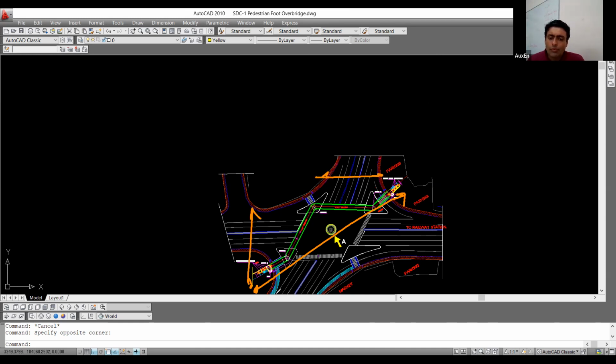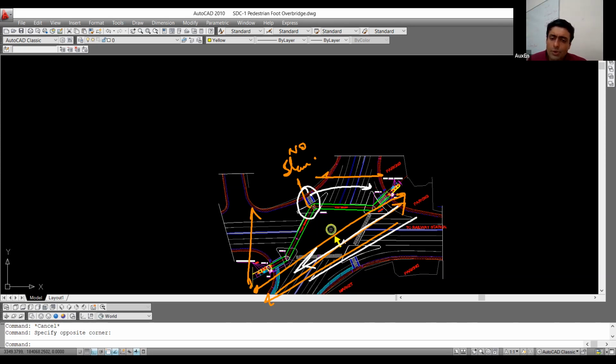Most of the people want to go from this to this, and therefore they did not provide a staircase here. They figured out by doing the traffic survey that people don't want to get down over here. Most of the people want to cross from this corner to this diagonal corner, and therefore they made this staircase. Sorry, therefore they did not provide any staircase here.